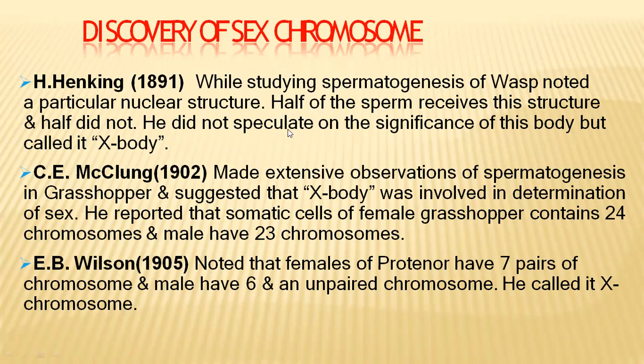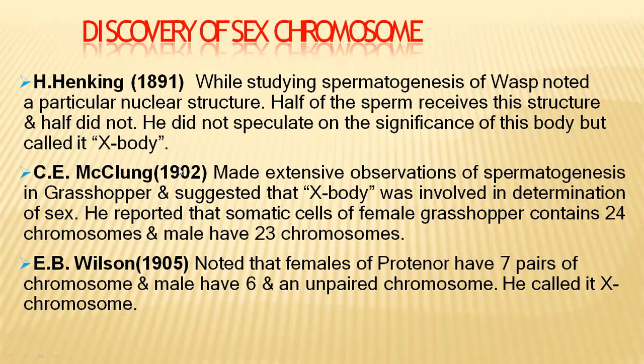He did not speculate on the significance of this structure present in 50% of the sperms, and he named that nuclear structure the X body. Later, scientists discovered that the X body is nothing but the X chromosome.